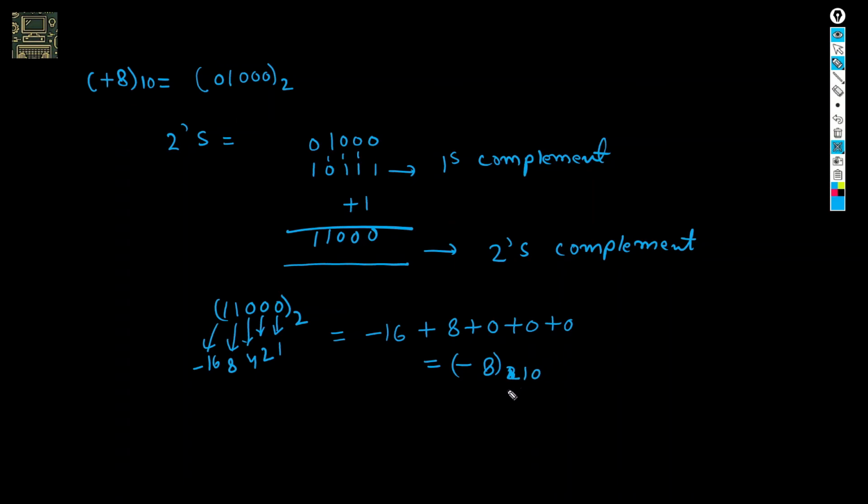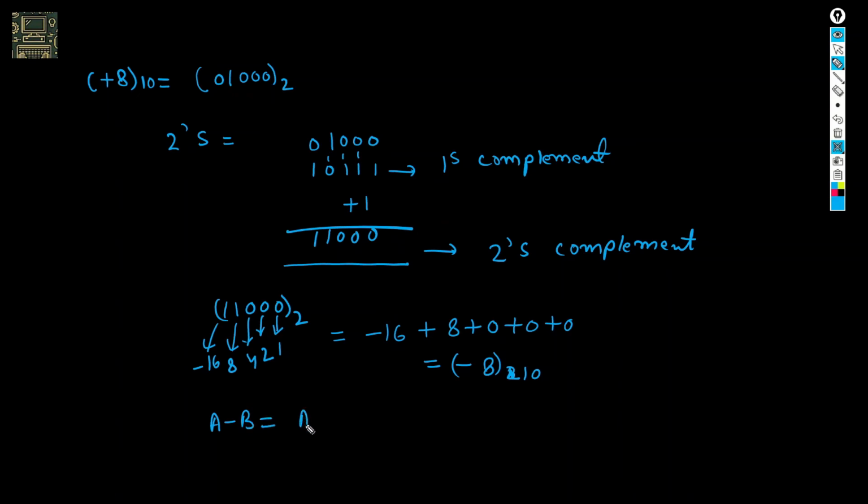So if we calculate the 2's complement of a number, we get nothing but a number which is the negative of that value. And this is an important property of the 2's complement representation method. Because of this property, we can do subtraction using addition. Let us suppose that I have to subtract a minus b.